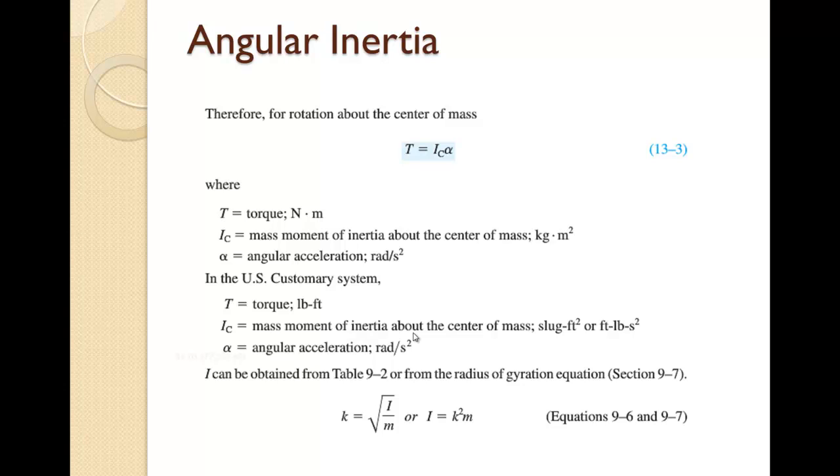And if you recall from your statics, you can usually get the mass moment of inertia from table 9-2 or by calculating from the radius of gyration equation, which was out of section 9-7, where you had your radius of gyration k equals the square root of the mass moment of inertia I over the mass, or the mass moment of inertia I equals the radius of gyration k squared times the mass.